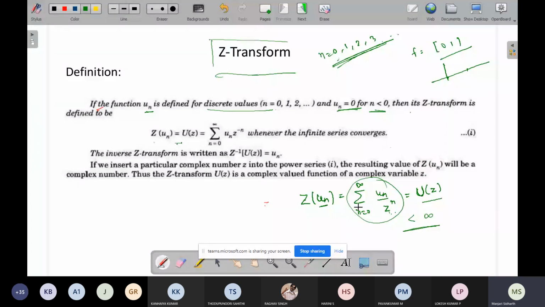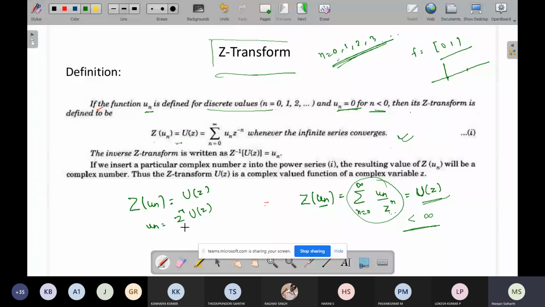Only when it converges can you find the Z transform of u_n. So basically the Z transform of any sequence u_n is U(z). In the same manner, we can define the inverse Z transform, that is, u_n will be the inverse Z transform of U(z).